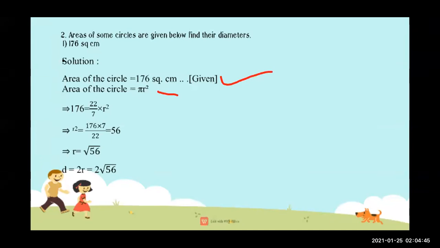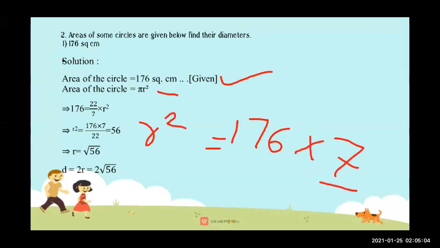Now r square we will take to one side, equal to 176 as it is, but 22 upon 7, when it goes to that side, becomes 7 upon 22. See, 176 will be there only.